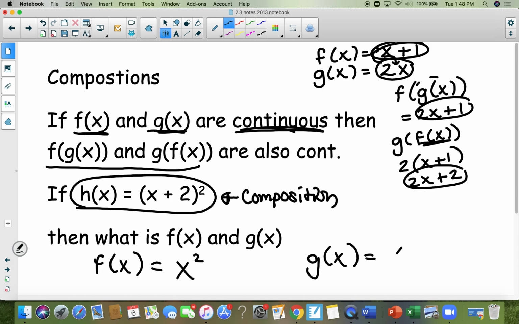Very good. F of x is equal to x squared, g of x is equal to x plus 2. That one would be f of g of x, wouldn't it, you guys? Let's check it. F of g of x. G of x, which is x plus 2, has to go in for all the x's, which would make that, wouldn't it? So did he do it right?